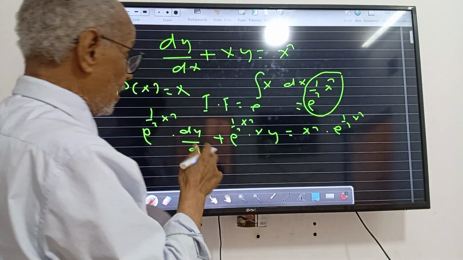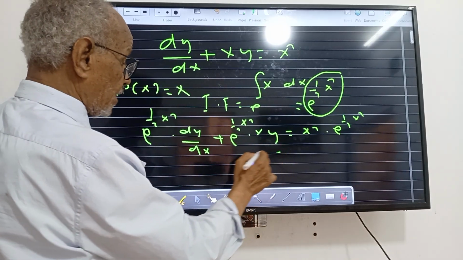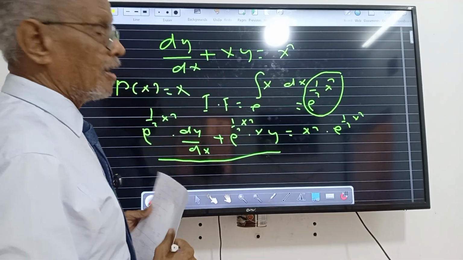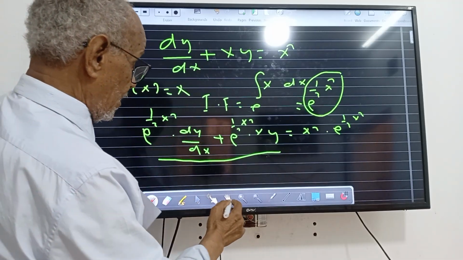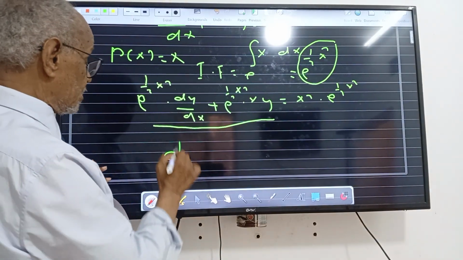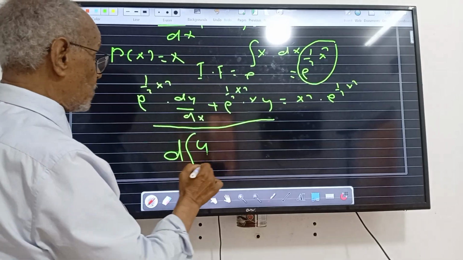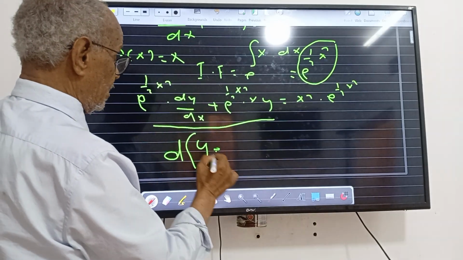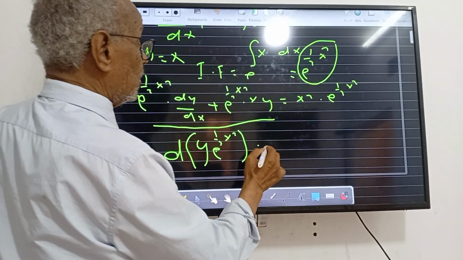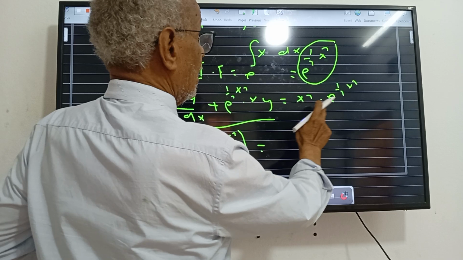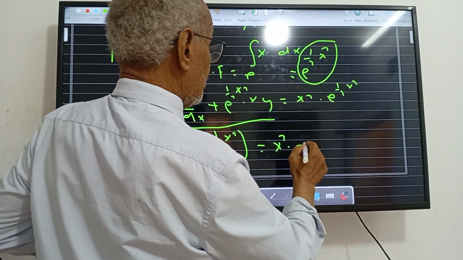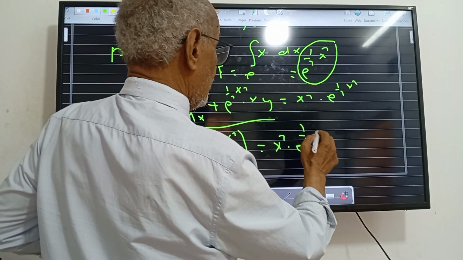So again, these two terms are a product of two functions. So this can be written like this: differentiation of the first function is y, and the second function is e to the power half x squared, equal x squared times e to the power half x squared.